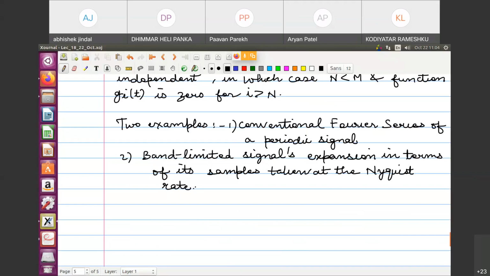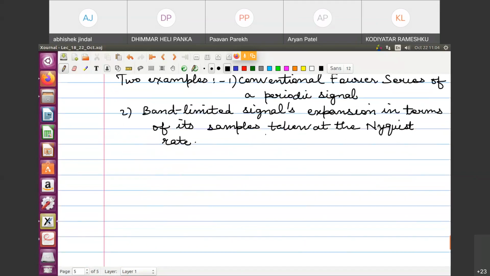But there are 2 distinctions if we compare what we have done with these 2 things which we have already done in maybe other courses as well as this course. Let us write down these 2 distinctions.